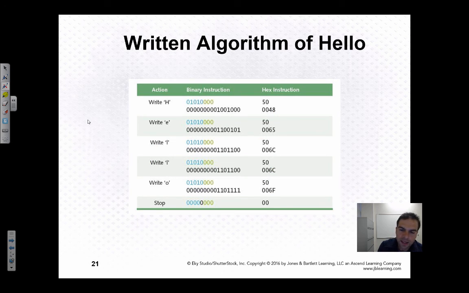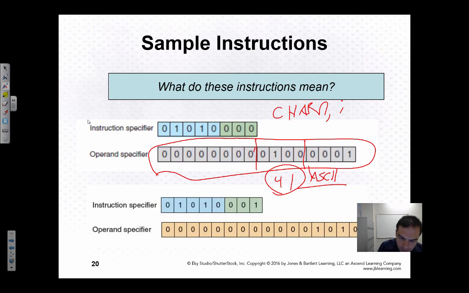So here we can kind of see a little bit of how we would do the Hello World program. So this is the ASCII, this is the 50, which, by the way, this is 51, and this is 50. So that's character output with immediate mode. All right.